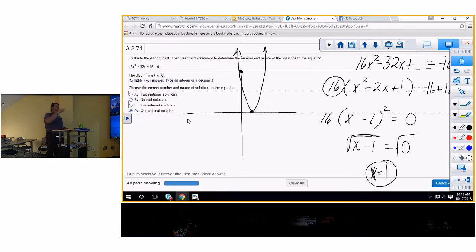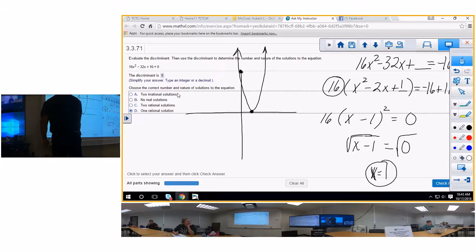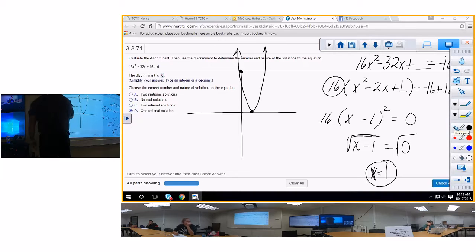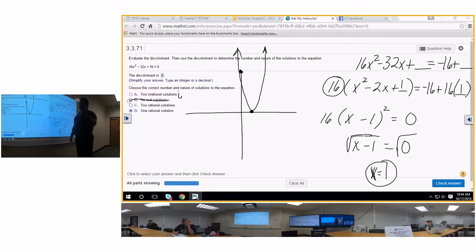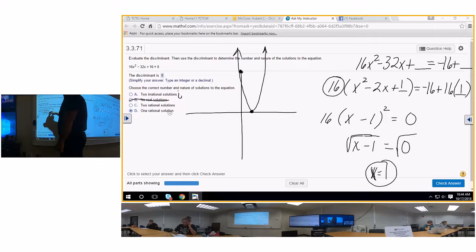Just erase rational solution because that is pinky talk. What this is asking is 2 x-intercepts, no x-intercepts, these 2 right here. This means your answer is going to be in relation to i. This doesn't count because you're either going to have no x-intercepts, which means you have 2 irrational solutions, or you're going to have two x-intercepts, or you're going to have one x-intercept.